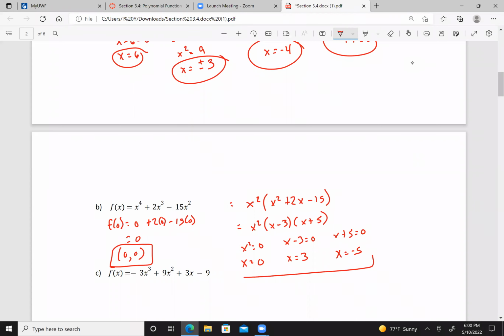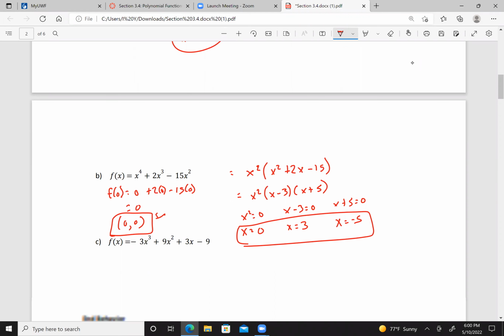So I have 3 x-intercepts. And here's one of them. It's also the y-intercept.